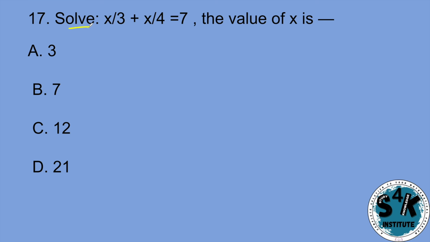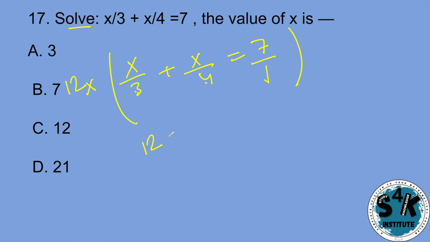Now we need to solve this. x over 3 plus x over 4 is equal to 7 over 1. So what is the LCM of 3, 4 and 1? It will be 12. Okay, when you calculate, multiply all the terms by 12. What you will get? 12x by 3 plus 12x by 4 is equal to 12 into 7 by 1.